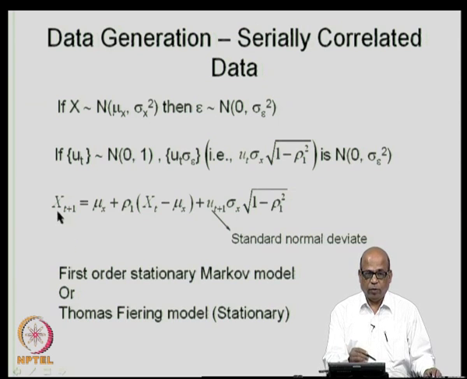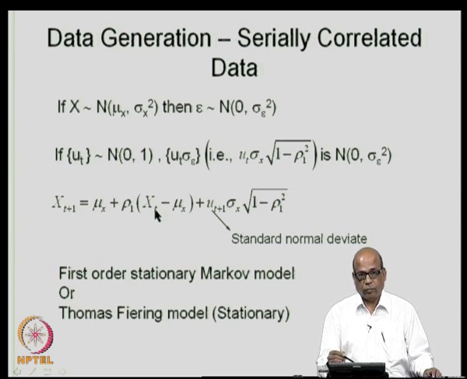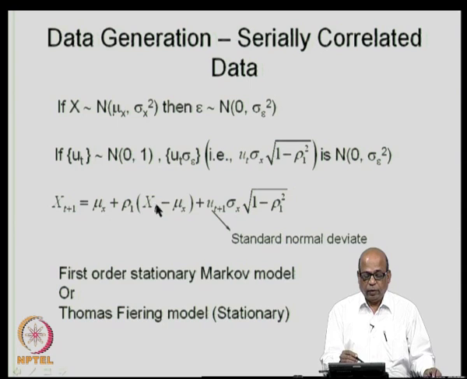So, first you assume x 1. Remember, once you calculate these moments mu x, rho 1 and sigma x, you forget about the data. You have to deal only with these moments. So, first you assume x 1, and typically it is assumed to be equal to mu x itself, the mean, which is known, so that this term becomes 0.